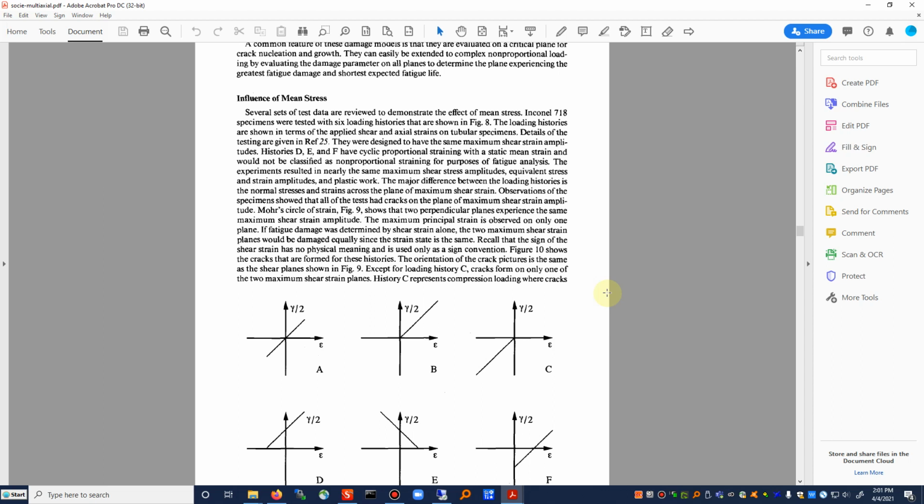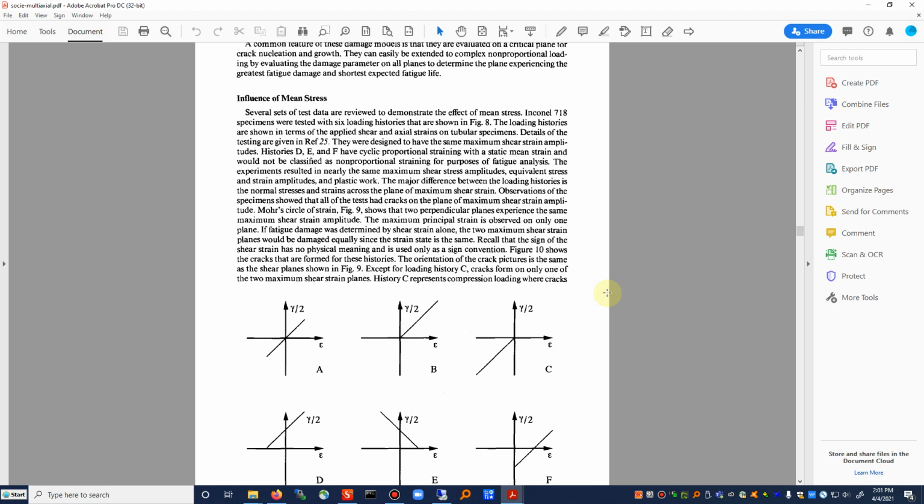Never go in the lab and just try to test something. Always have an idea of what you're trying to first hypothesize and then prove or disprove based on your thinking through the details. Okay, so let me read a little bit of this.